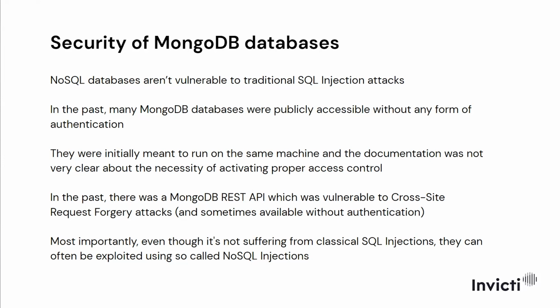And there were other issues as well. For example, the REST API, which was vulnerable to cross-site request forgery attacks. And sometimes even these REST APIs were available without authentication.